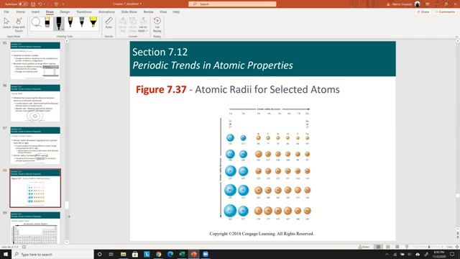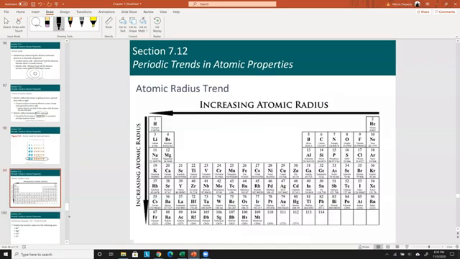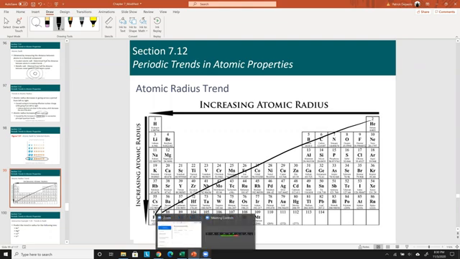And also you have one valence electron, so it's going to be just out there, and it's going to be a pretty big thing. And if you're going down, it's going to have the most energy levels, and with the most energy levels with the least amount of protons. That's why. Least amount of protons in its period. And here's what it looks like. So it's kind of the opposite trend as ionization energy and electron affinity.